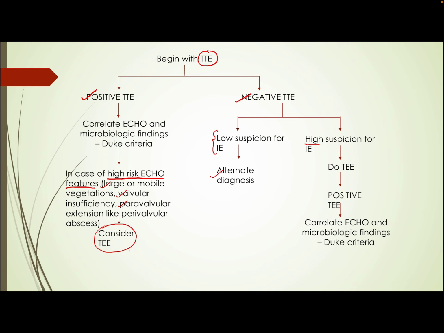Now, these are all features that increase my suspicion for IE. So in those cases, even if it's a negative TTE, I'll go ahead with a TEE. And if it's a positive TEE, again, we will correlate these echo findings with our microbiological findings and put it into our Duke criteria to find the possibility of infective endocarditis.